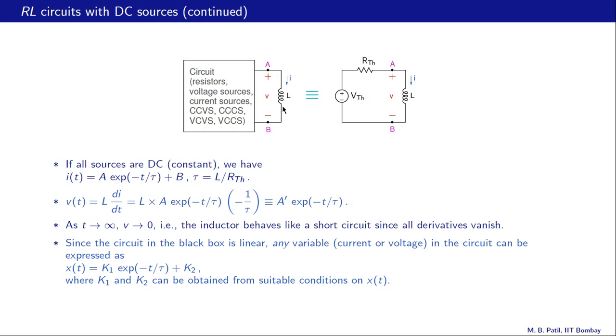If we have a capacitor connected to this linear circuit, then this time constant tau is given by RTh times C, where RTh is the Thevenin resistance seen by the capacitor. If we have an inductor, then this tau is given by L by RTh, where RTh is the Thevenin resistance seen by the inductor.